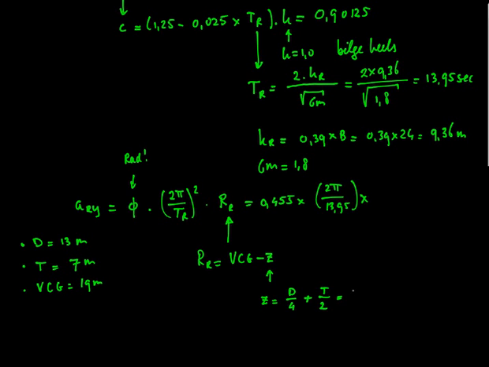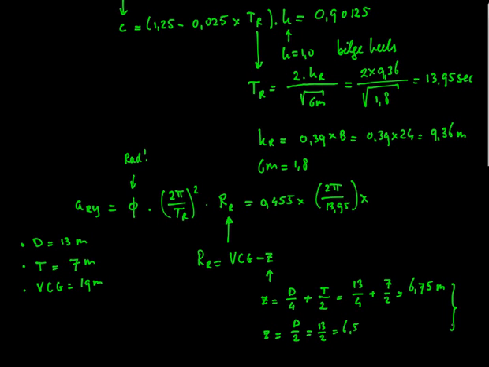So we can fill this in. This gives us 13 divided by 4 added by 7 divided by 2, which gives us 7.75 meters. So there's another way to do it, and you should do this because it says it's D divided by 2, which in our case is 13 divided by 2, which is 6.5.